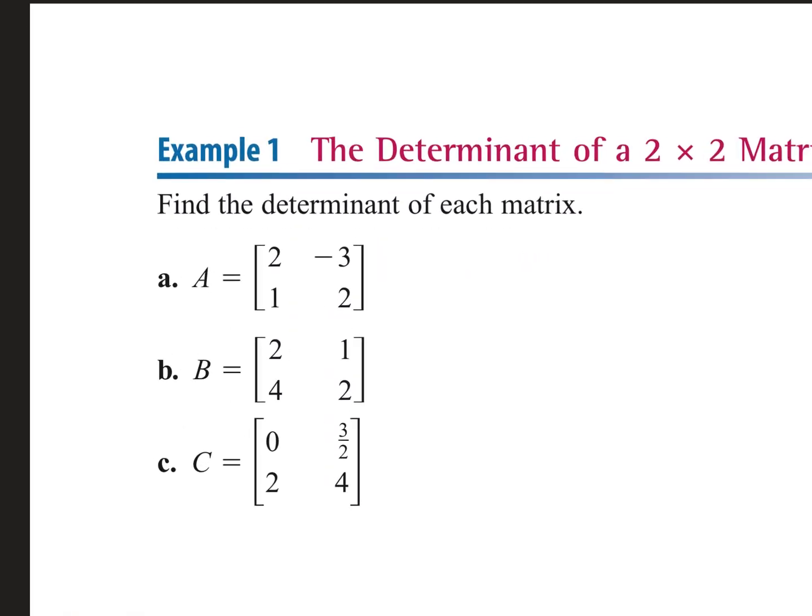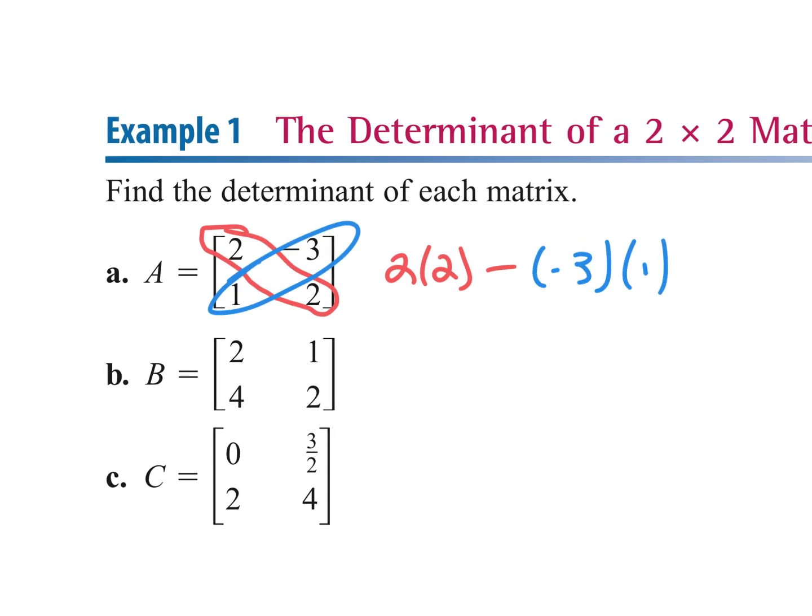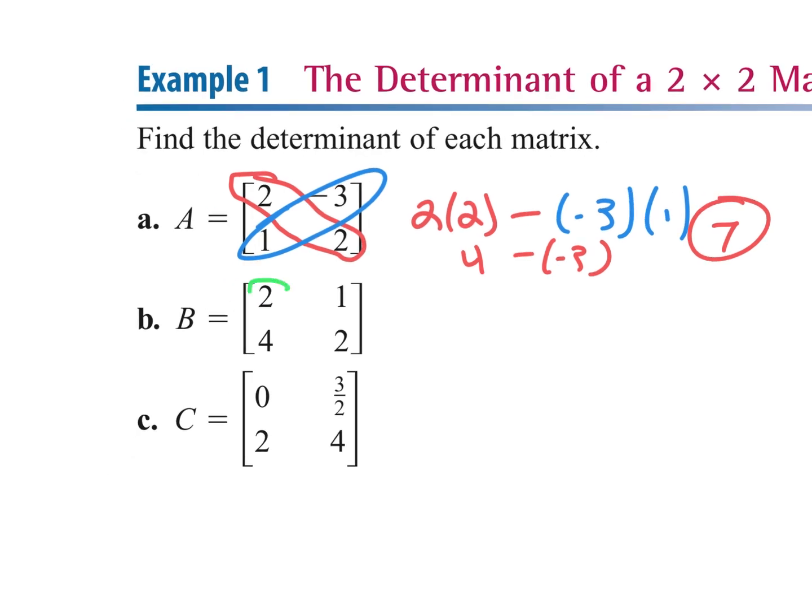So let's find the determinant of each of these. I'm going to take my major axis right here, and I'm going to say 2 times 2 minus the minor, which is negative 3 times 1. And when we multiply these together, I get 4 minus a negative 3. My determinant value is 7. For B, same thing. I'm going to say 2 times 2, my major, minus the minor, 4 times 1.